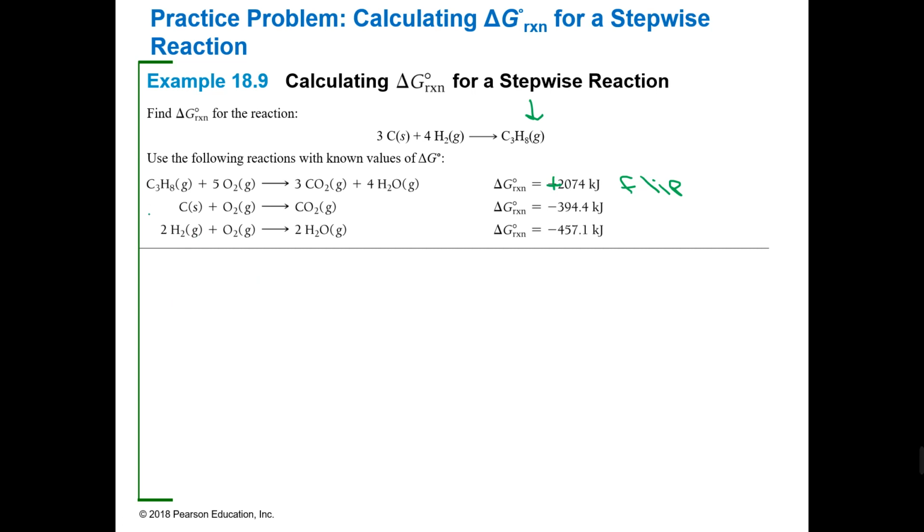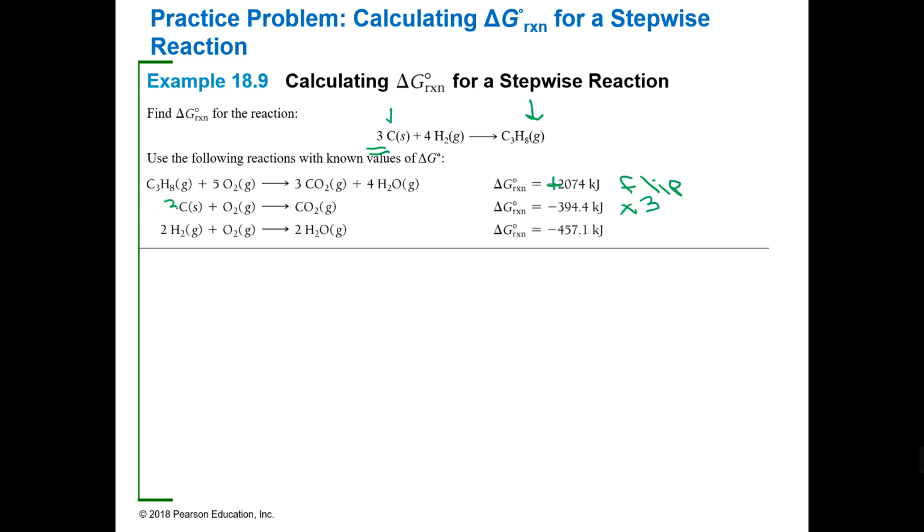So then I look at reaction number 2. Reaction number 2 has carbon and oxygen on the reactant side, and carbon is on the reactant side of the original. So I don't have to flip anything here, but there's a 3 in front of that carbon. I got nothing in front of this carbon, so I'm going to go ahead and multiply everything by 3.